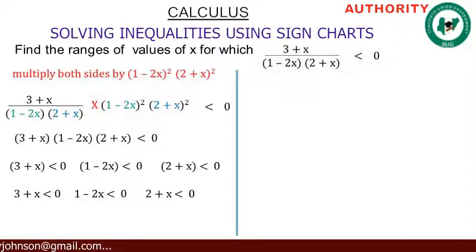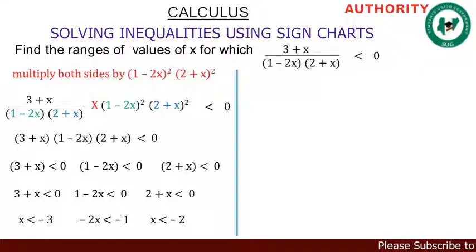Let's remove the brackets. For the first, we take 3 to the other side, so x is less than minus 3. For the middle one, we take 1 to the other side to get minus 2x less than minus 1. For the last, we take 2 to the other side, so x is less than minus 2.